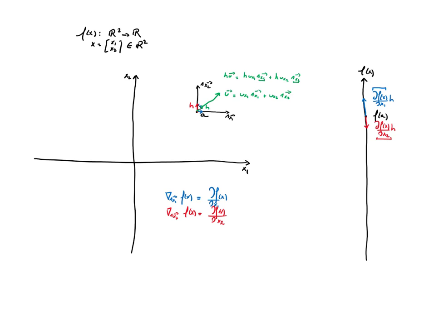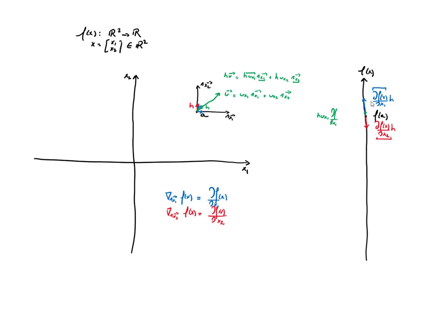Let us say that it's positive, and it will be, well, h u x1 times the partial derivative of the function with respect to x1. So it will be h u x1 partial derivative of f with respect to x1, right?